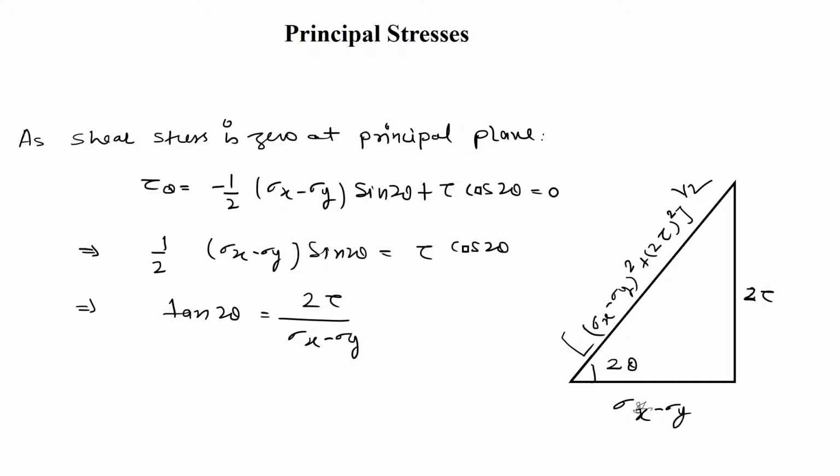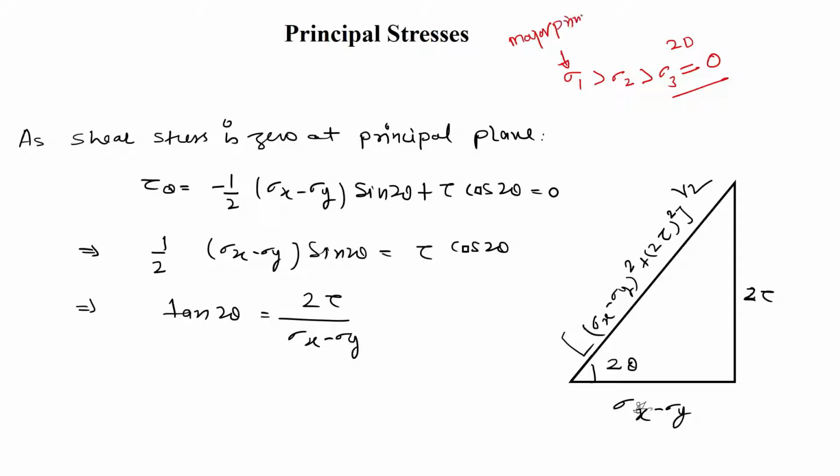In a two-dimensional system, the third principal stress is taken to be 0. So, we can say sigma 1 is greater than sigma 2 and sigma 3, and in a 2D system the third stress is taken to be 0.